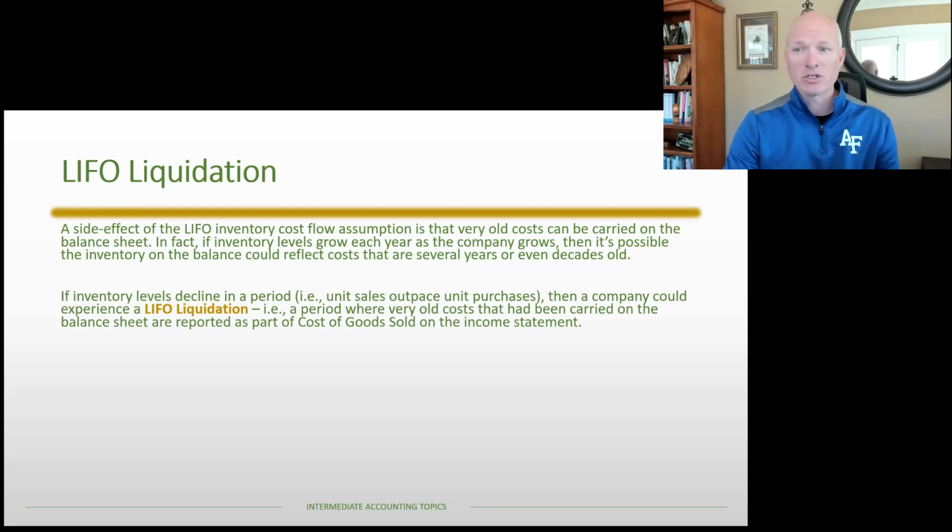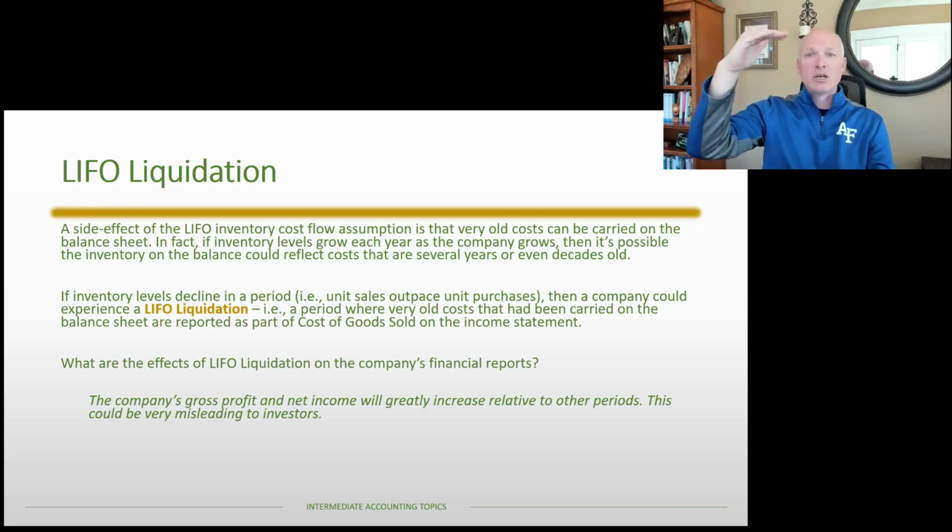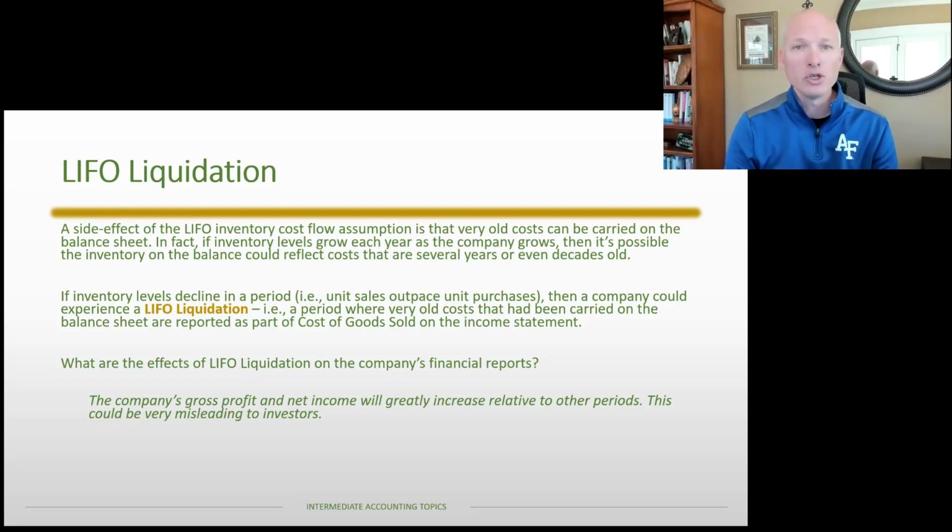And so what would happen? Well, first of all, your gross profit is going to shoot way up. With the increase in gross profit, your operating expenses haven't changed, therefore your net income is also going to shoot way up. And so you could have a financial statement where all of a sudden you look way more profitable than you were in previous years, and it's not due to the fact that you're more profitable.